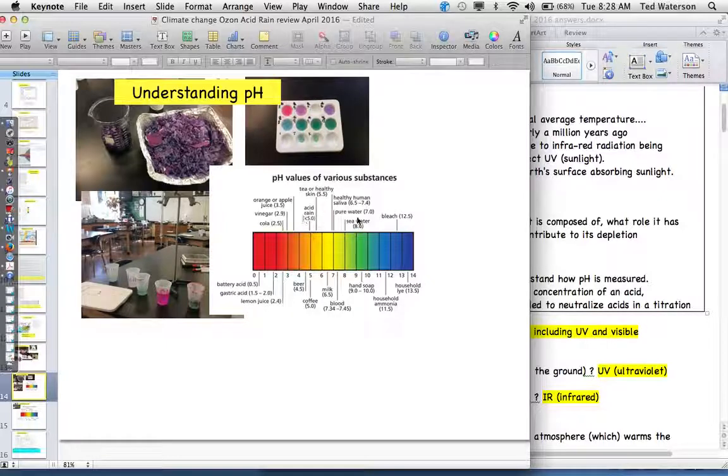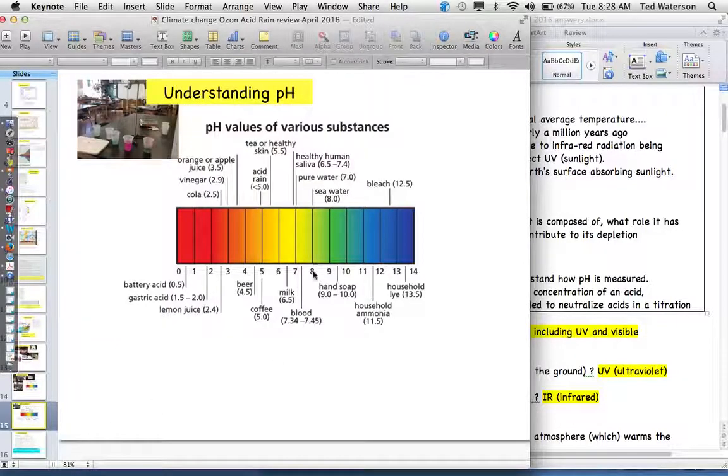Okay. Now, we say 7 is that pure water, but really, remember water can shift its pH based on what chemicals are added to it. Now, if we add carbon dioxide to water, it makes it more acidic. Think of soda. Part of what makes your cola, your soda, acidic is the carbonation.